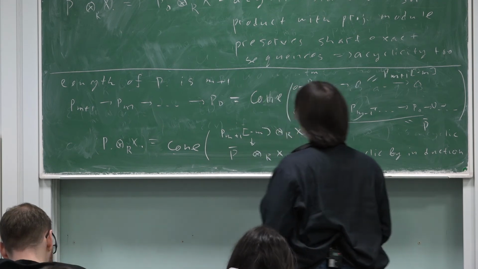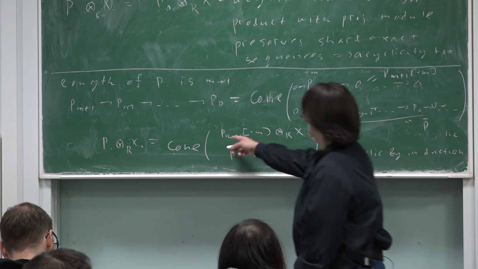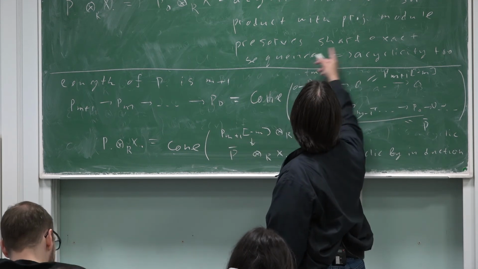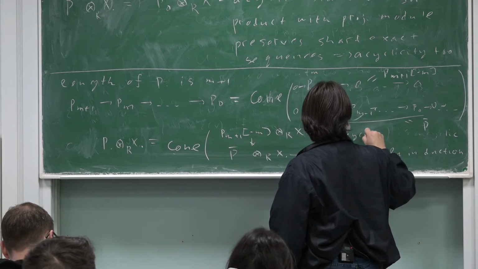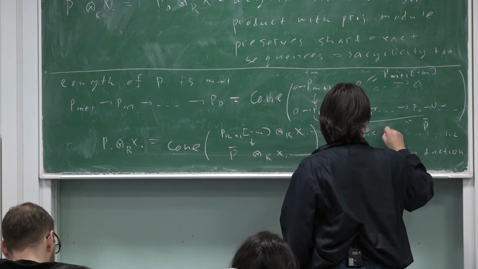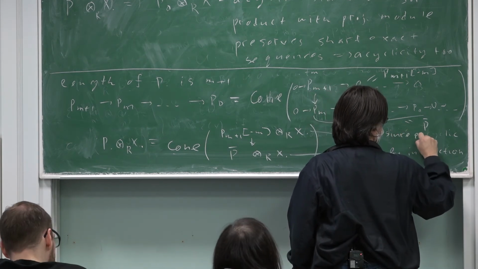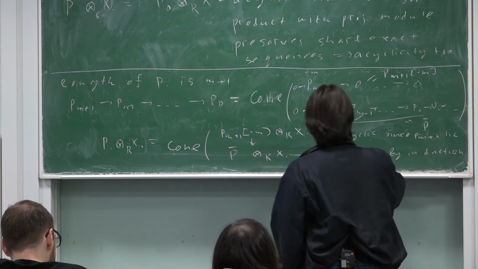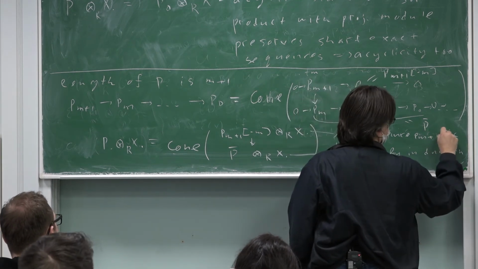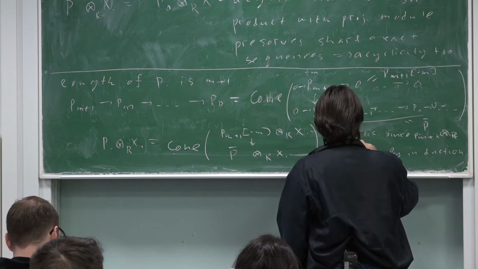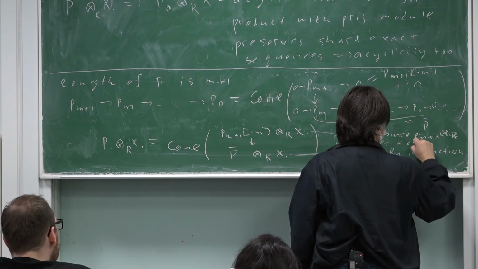And this complex is acyclic as before because P m plus 1 tensor preserves short exact sequences, since P m plus 1 tensor preserves acyclicity.